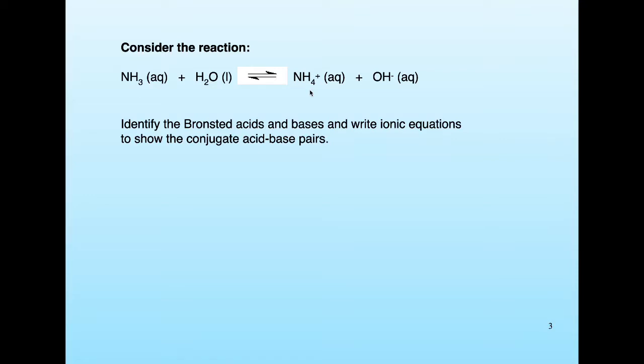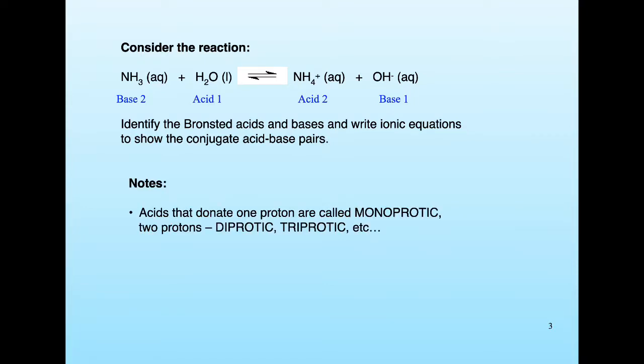Okay, so we designate that acid 1. Its relationship with OH- is via a proton, isn't it? So that's my base 1. On the right hand side then, it now has a proton that it can donate. That becomes my acid 2, and that's my base 2. You get it.